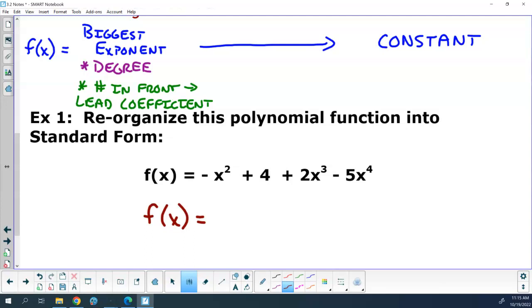What's our biggest exponented term? Negative 5x to the fourth. So that would come first. What's our next biggest exponent? Positive or negative? Positive. So that'll be plus 2x cubed.